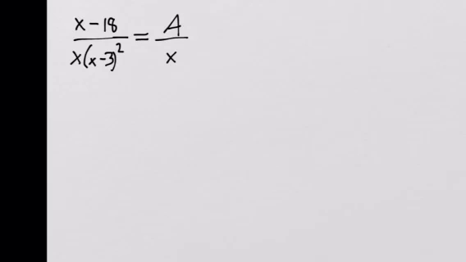So the first one we'll look at is if I give you (x minus 18) over x times (x minus 3) squared. What we're going to need to do with this is handle repeated roots. So we have A over x, and then B over x minus 3.